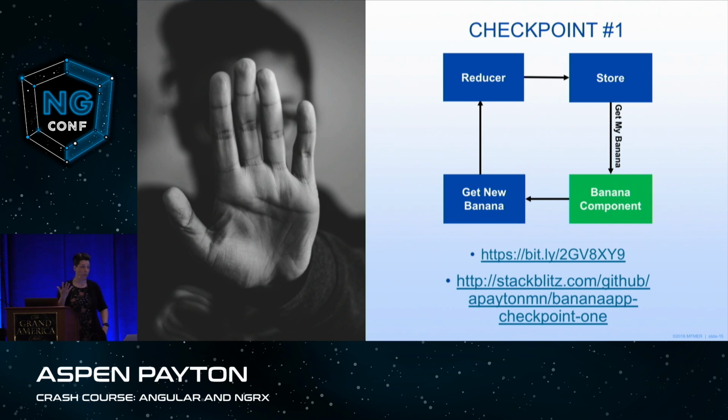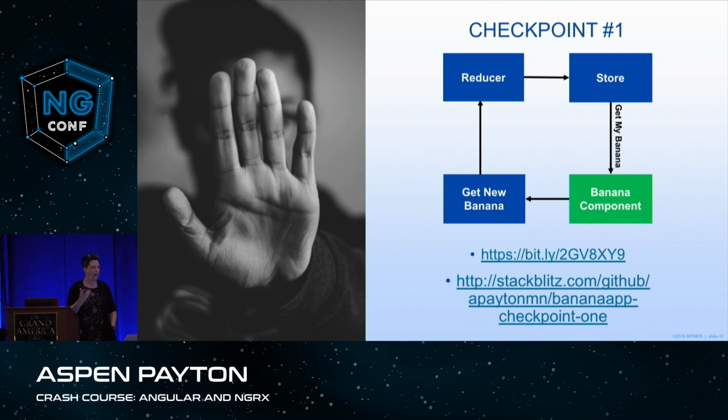So we're at our checkpoint, finally. If you got as lost as I did during that, you can always refer to this checkpoint repository, and it should get you to a working version of the place that we're at right now. What we did through this whole process was create the definition of our banana within our store. We defined our first action, which was to get a new banana. Then we created a reducer that has a switch statement with a case that handles our get new banana action.